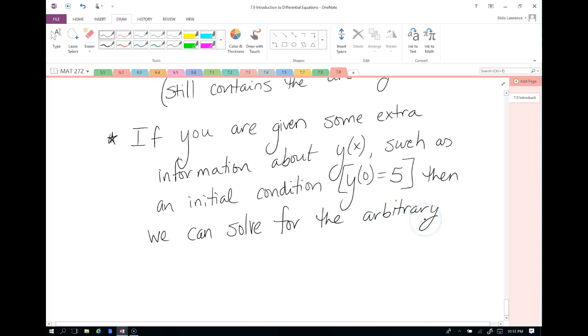We always have to get a general solution first, and then sometimes we stop at a general solution, but then we check to see, did they give me any more information about this function? If they did, then we can go one step further and replace our arbitrary constant and turn it into a particular solution. So if you're given some extra information about y of x, such as an initial condition, like y of 0 equals 5, then we can solve for the arbitrary constant and get a particular solution.